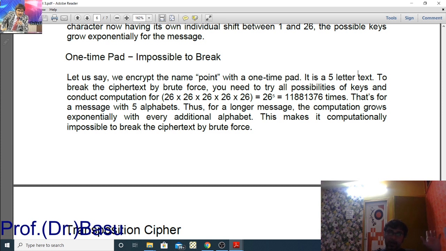That is a one-time pad. You get a key one time, you scratch it out from the pad, and we get the next one, because we have a huge number of permutations. As the number of letters increases, the number of permutations increases. So each and every time the key keeps on changing. This is very important.